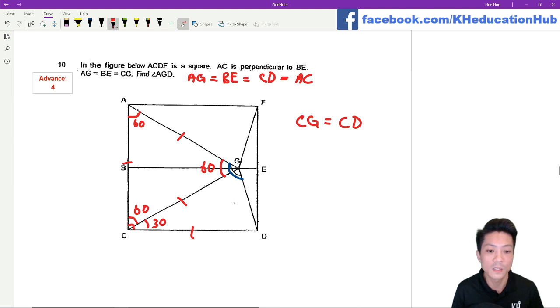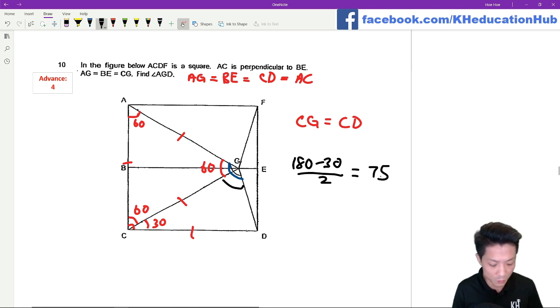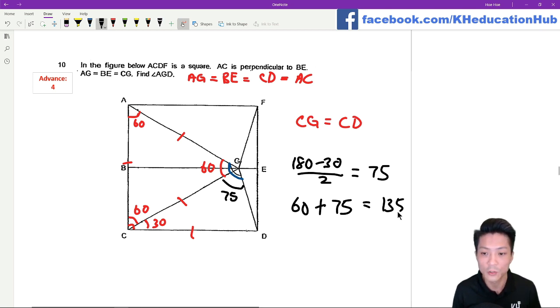So if this is 30, to find one of these angles here, I need to use 180 minus 30, and then after that divided by 2. 150 divided by 2 would give me 75. So to find the answer, I just need to use 60 plus 75. 135 degrees.